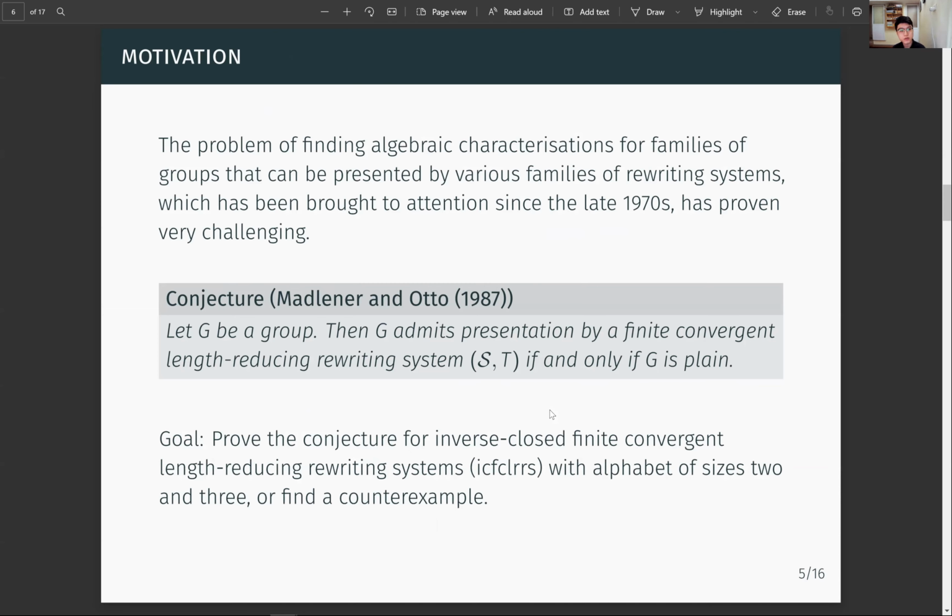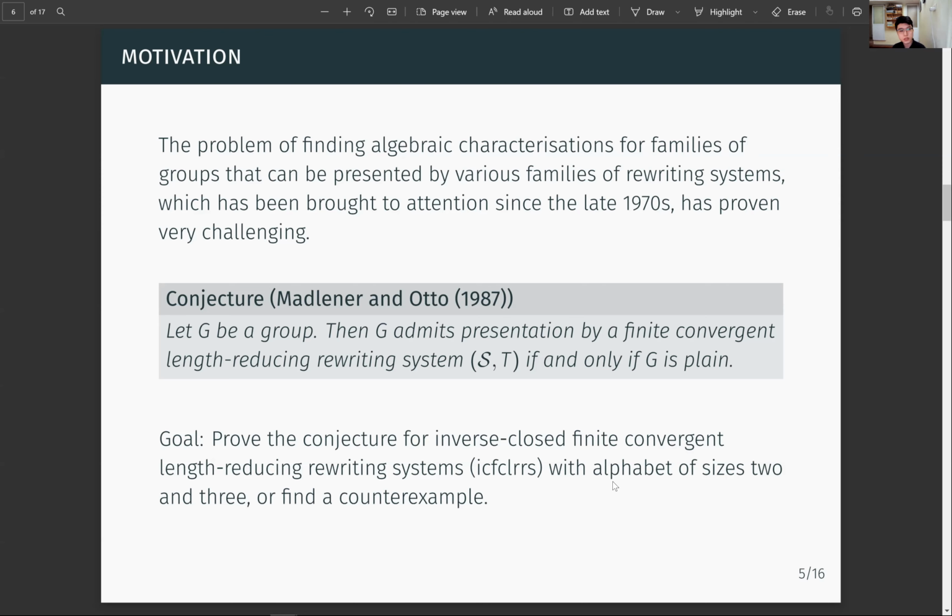Let G be a group. G admits a presentation by a finite convergent length reducing rewriting system (S, T) if and only if G is plain. The plain group is a free product of finitely many free groups and finite groups.